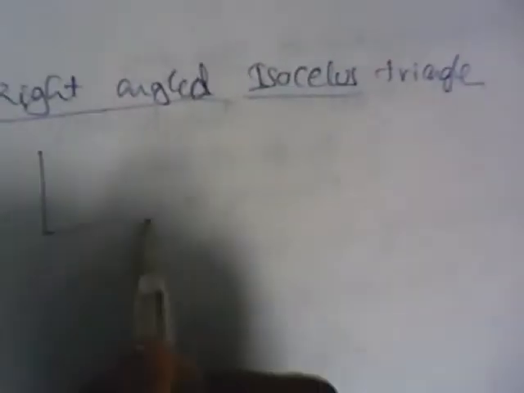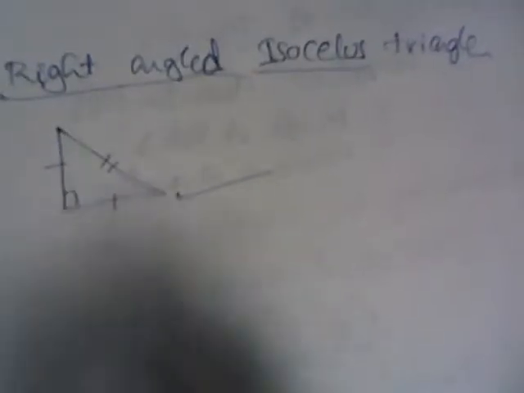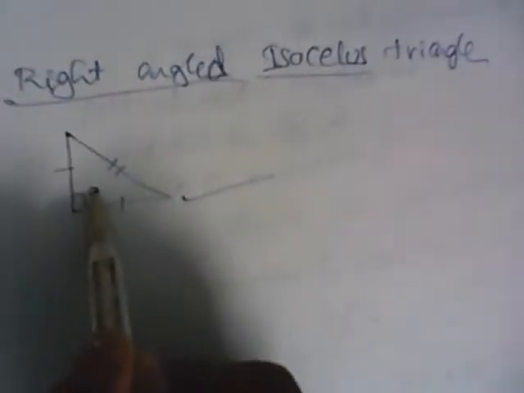In a triangle, if one angle is a right angle and the two other sides are equal, then the triangle is called a right angle isosceles triangle. Here these two sides are equal and this angle is 90 degrees, so it is called a right angle isosceles triangle.